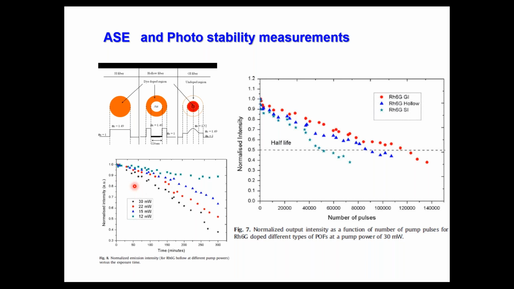They were continuously exposed to laser pulses and their emission was noticed, and it was found that for rhodamine 6G based microcavities or fibers, the graded index structure offers better stability compared to the other two structures.